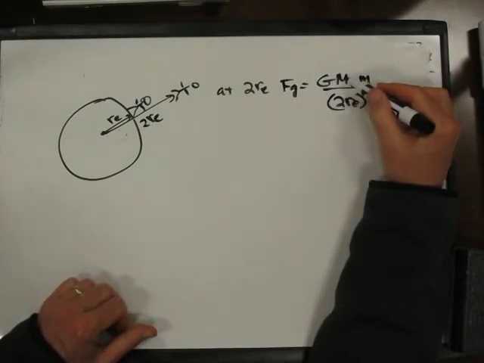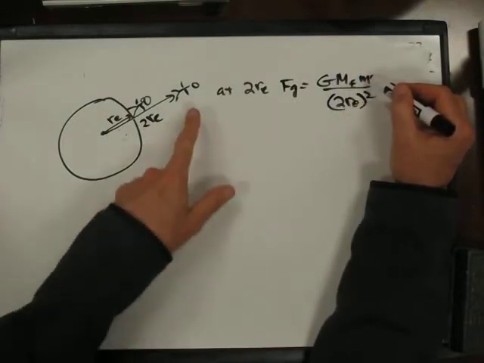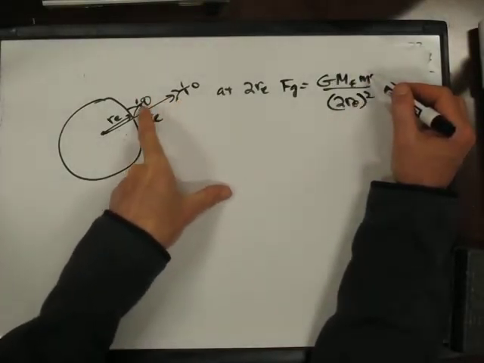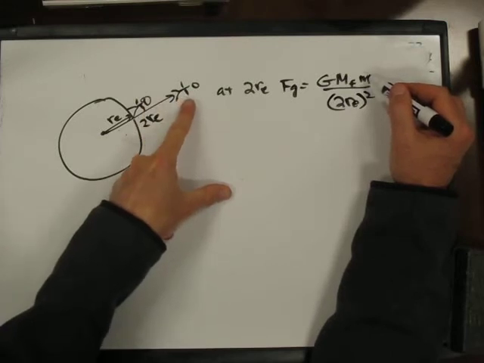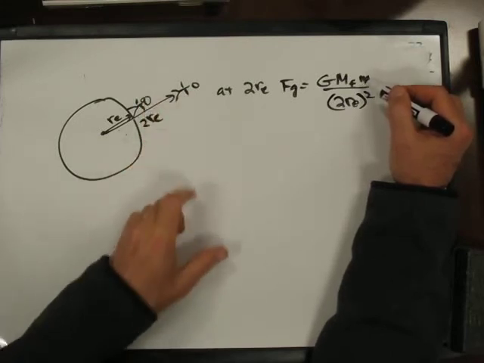So it's G times the mass of the Earth times the mass of me. And remember, my mass doesn't change between here and here. Your mass is the same, it's your weight that changes.